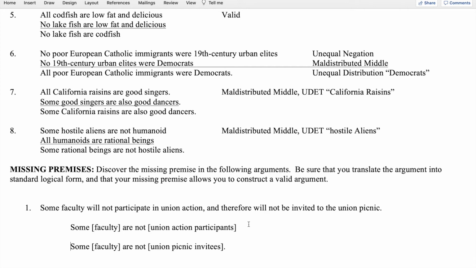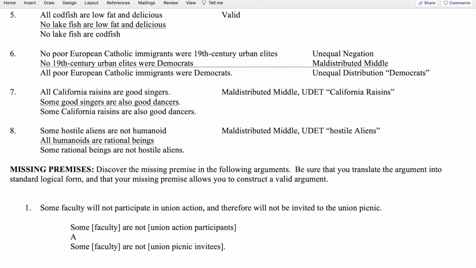So we look at this and we find, first of all, that we have a negative premise and a negative conclusion, which means the missing premise must be an affirmative statement. And we know that because we cannot have two negative premises.